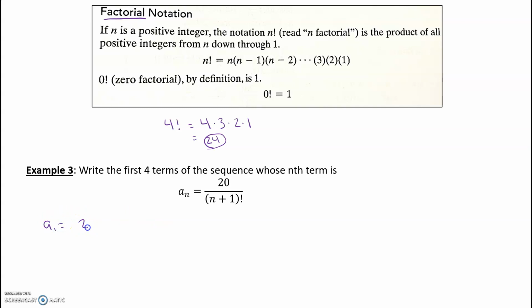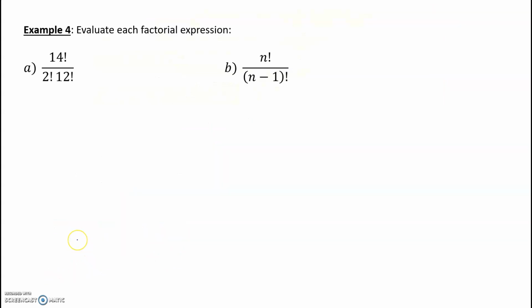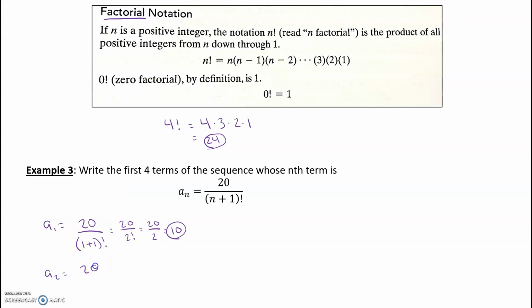Our first term is 20 over 1 plus 1 factorial. So we have 20 over 2 factorial, which is just 2 times 1. So 20 over 2 times 1 is 2. So you get 10. All right, our second term is 20 over 2 plus 1 factorial.